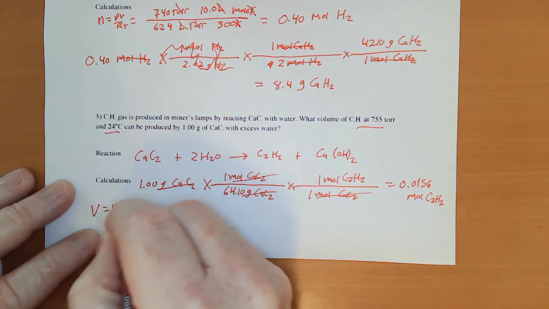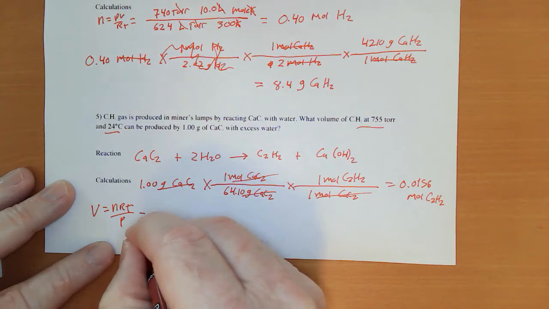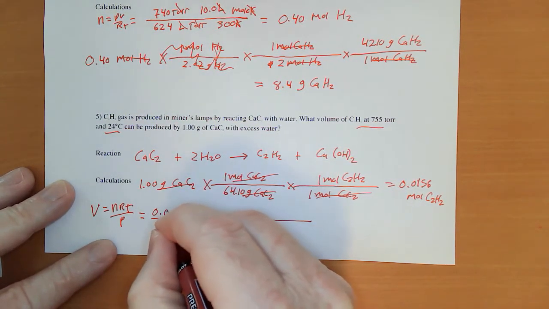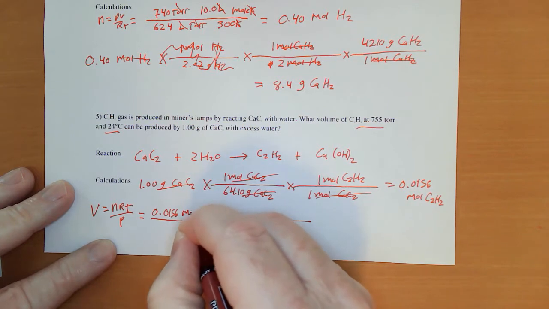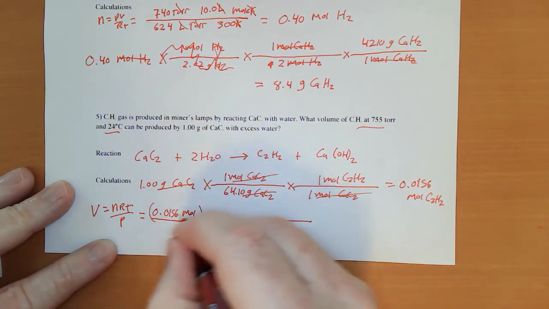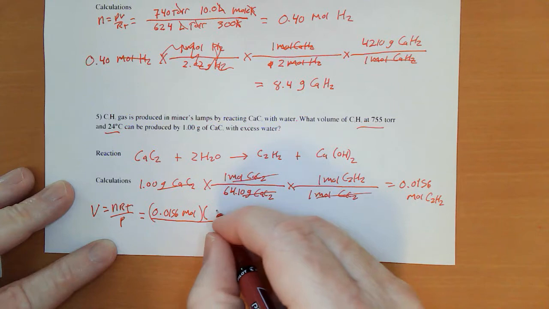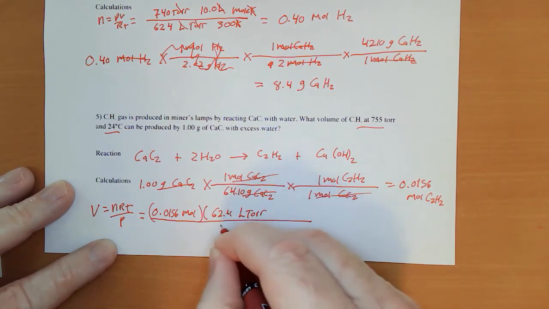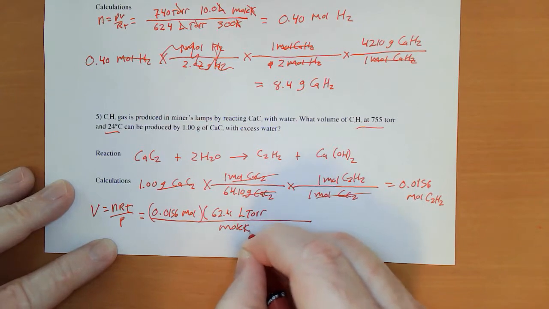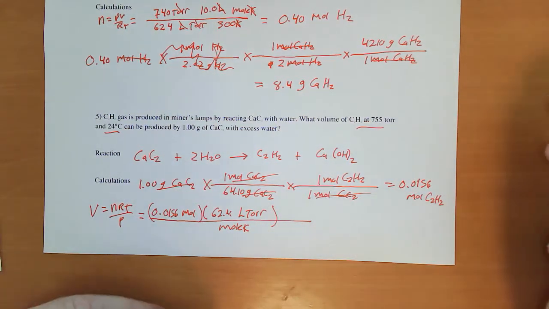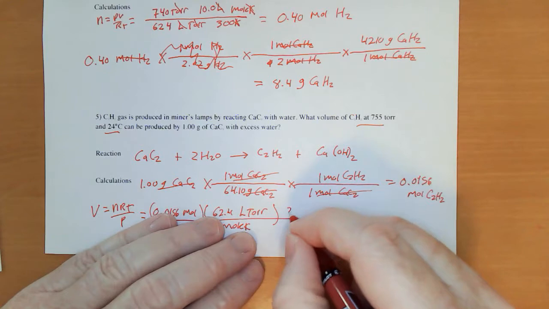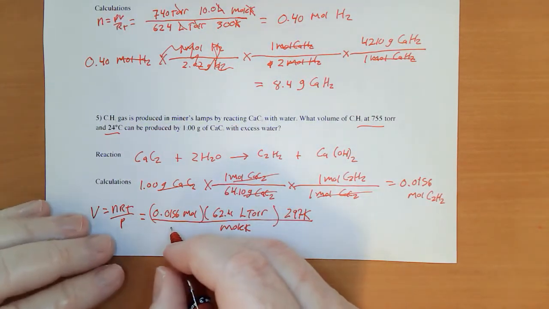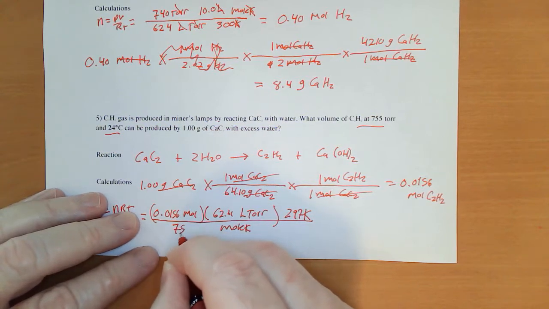This is not at STP. I can't use my little shortcut there. 0.0156 moles. All right, I'm in torr, so I'm going to use 62.4 liter torr per mole K. Temperature, 24, so that's going to be 297 Kelvin over my 755 torr.